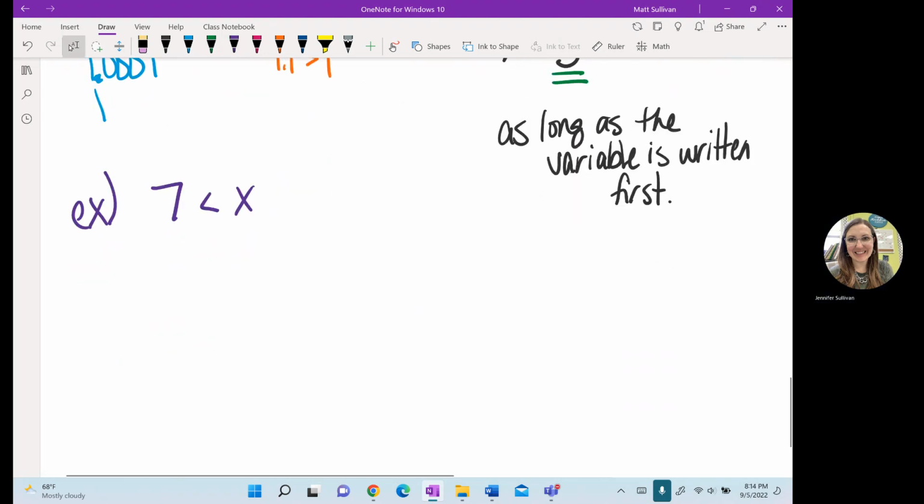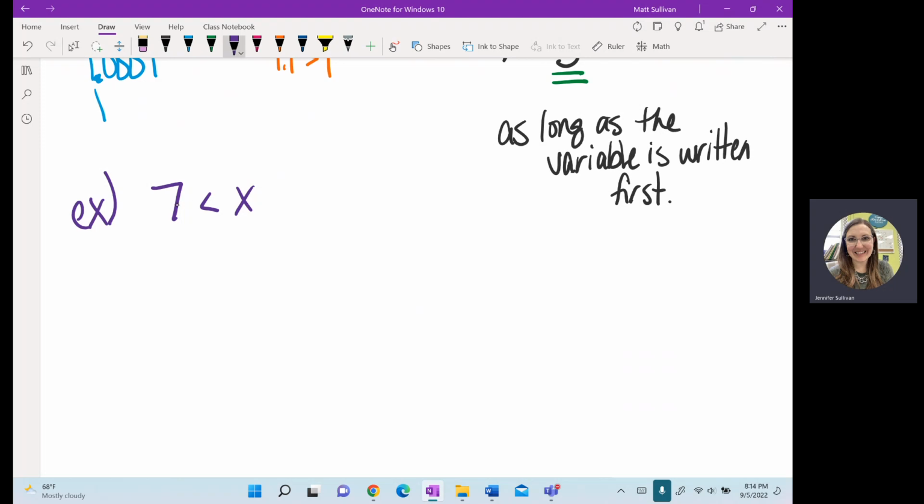How would I read this? 7 is it greater than? Nope, it doesn't have the mouth, so it's less than. 7 is less than x. In this case, from left to right, the number 7 is written first and not the variable.